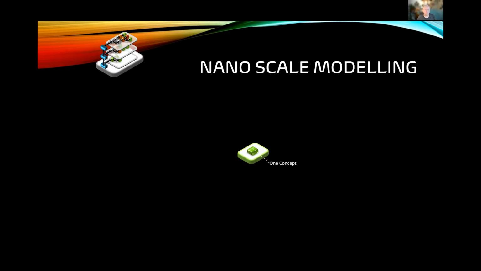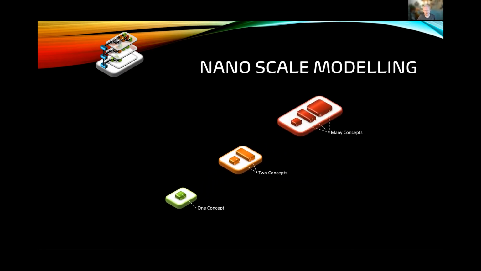So if I just draw one concept like this, the shape of the colored boxes might indicate different types of concepts. This would be 2 concepts, and then this would be many concepts.